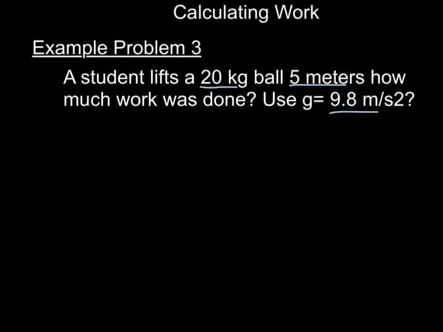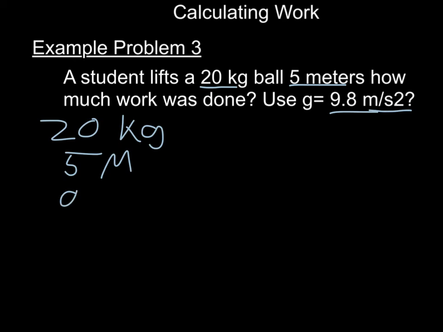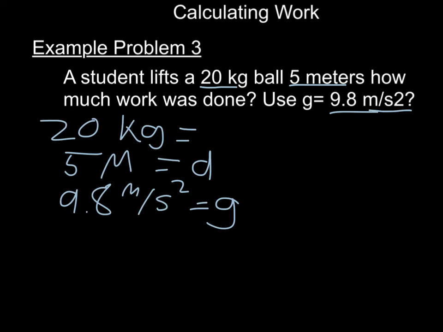The problem gave you 9.8 meters per second squared, so that's probably a good clue that you're going to need to use it. So we have 20 kilograms, we have 5 meters, and we know that we also have 9.8 meters per second squared, which we know is equal to the little g. Meters tells us that's a distance, and kilograms tells us that that's a mass.